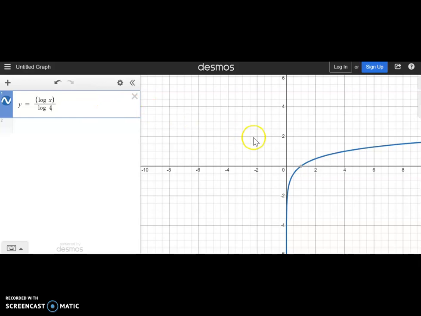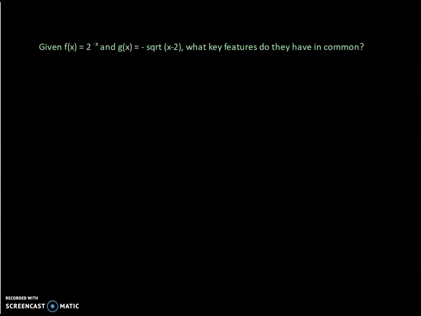So if I look, I have the points given to me from the XY table, 1, 0, 4, 1. Sorry, I'm trying to make that show, and so on and so forth. So you can always check, again, using Desmos that you are on the right track.